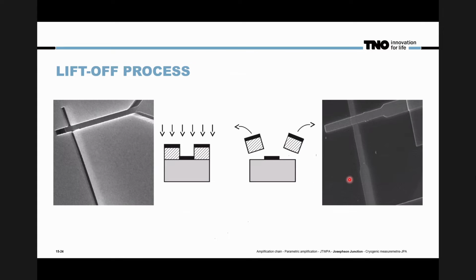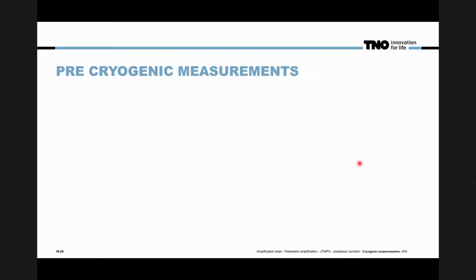Here we see another SEM picture in which we see the Josephson junction after the liftoff process. After this process, you can clearly see the cross junction. The Josephson junction is actually formed in the middle where the two aluminum layers intersect. After the liftoff, the samples are diced into our final devices, into our final chip.